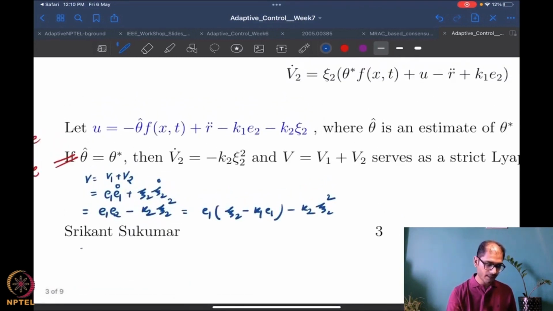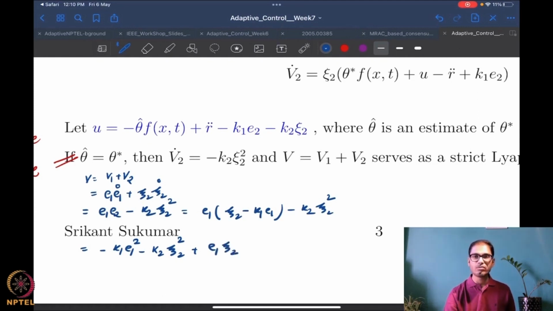So now I start to see nice things. This is minus K1 E1 squared minus K2 psi2 squared plus E1 times psi2.